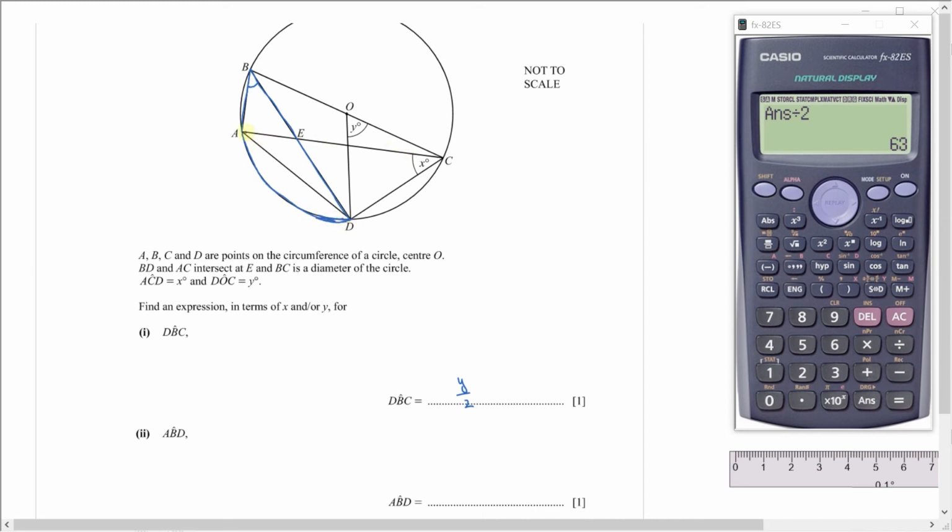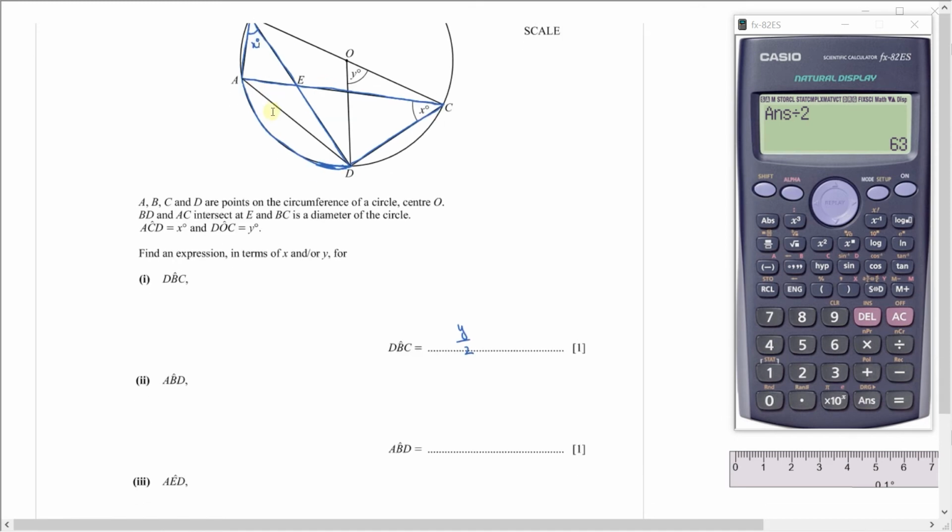And if you look at this angle x, it is also subtended by this same arc AD. So we can call them angles in the same segment, or angles subtended by the same arc on the circumference, and we know that these angles are equal. So this angle will be x degrees as well. So angle ABD will be x.